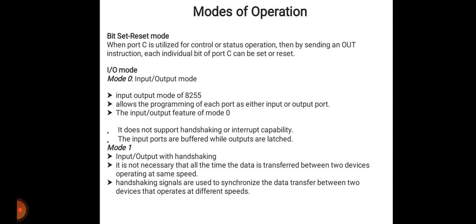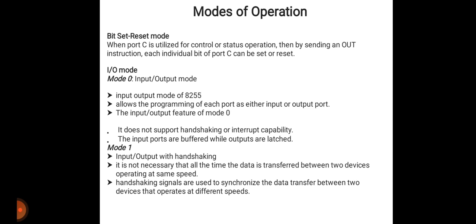The next mode is mode 1. Mode 1 is input output with handshaking. So mode 1 of 8255 supports handshaking with the ports programmed as either input or output. We know that it is not necessary that data is always transferred between two devices operating at the same speed.